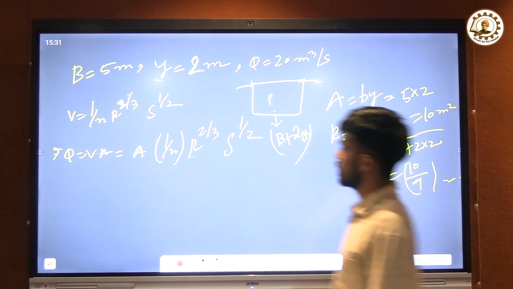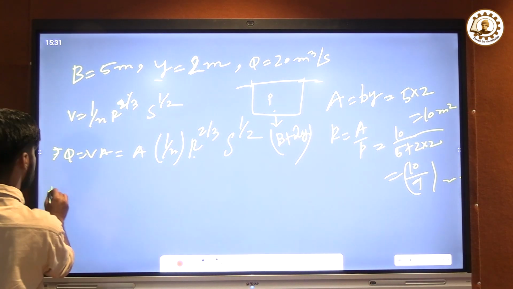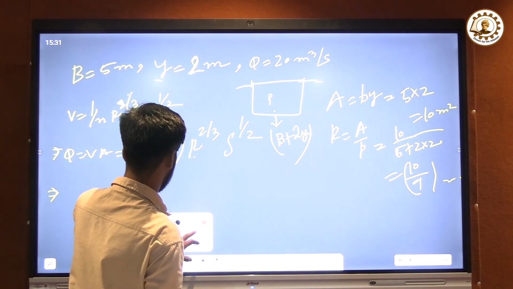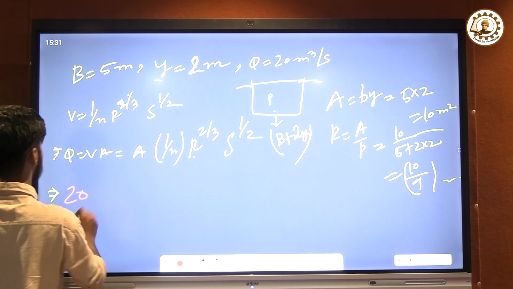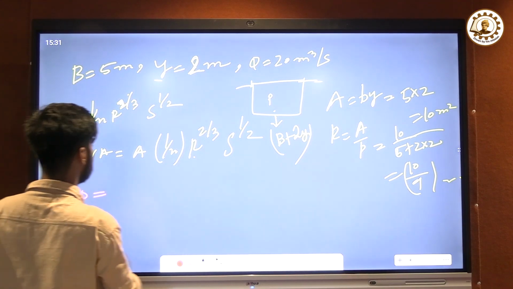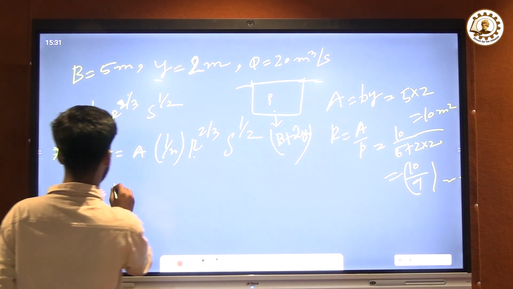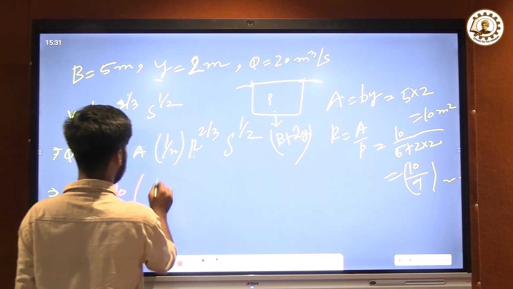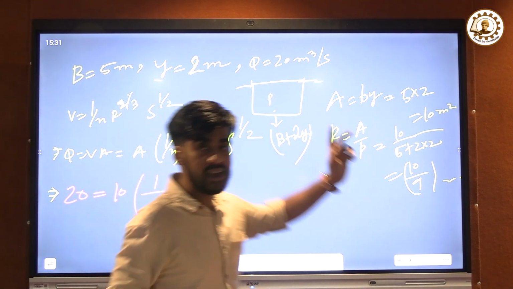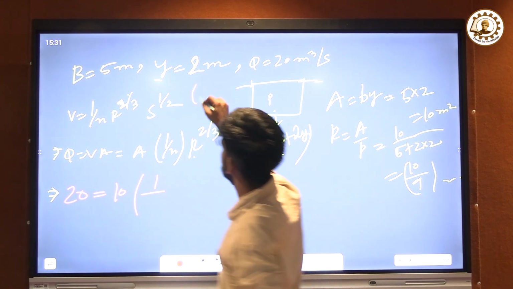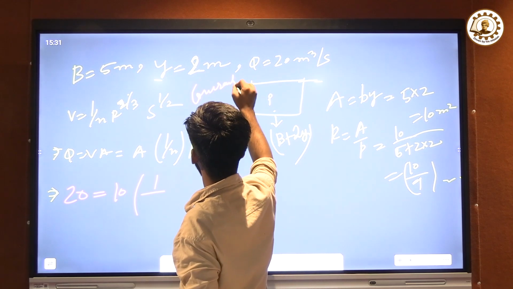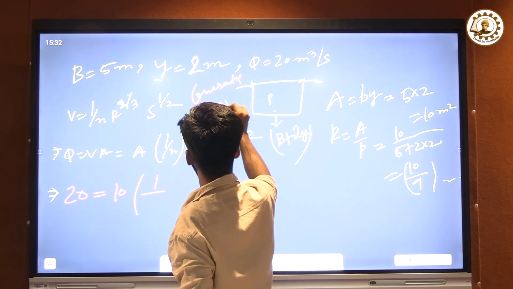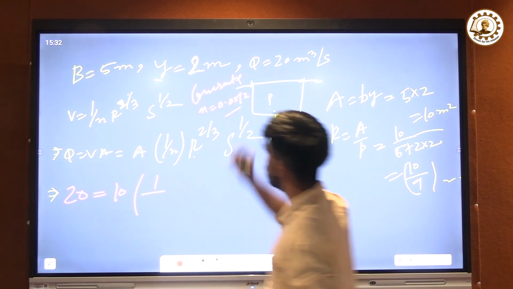Now the discharge value is given as 20 meter cube per second, which will be equal to A, which is 10, times 1 by n. The channel is made of concrete, and for a concrete channel the value of the Manning coefficient is 0.0012.